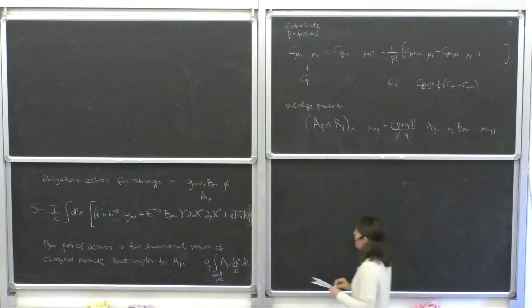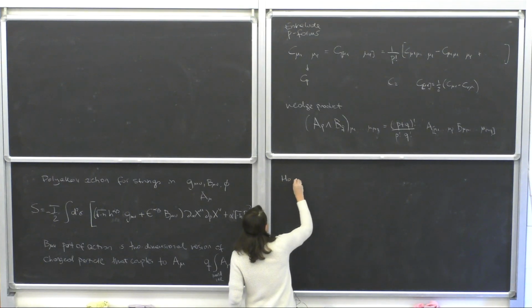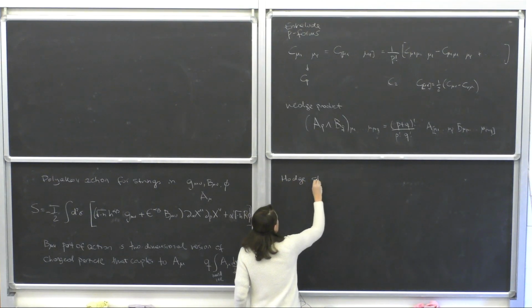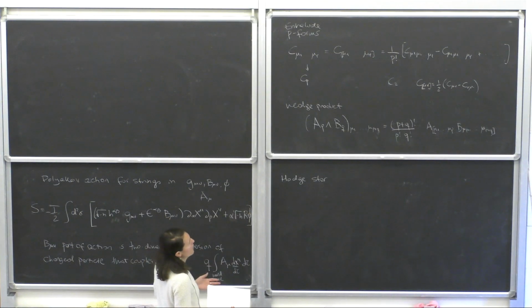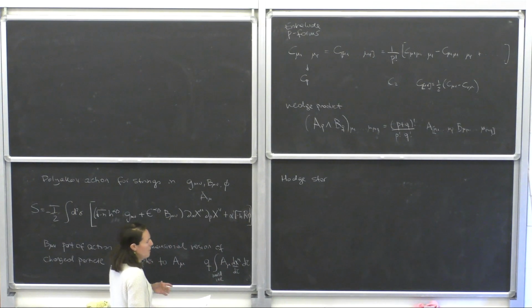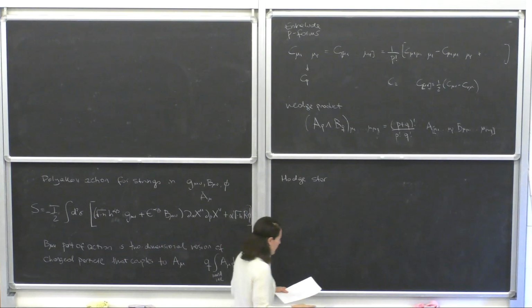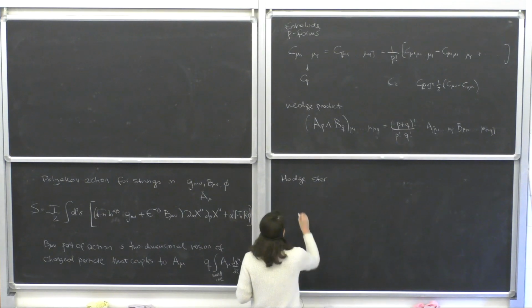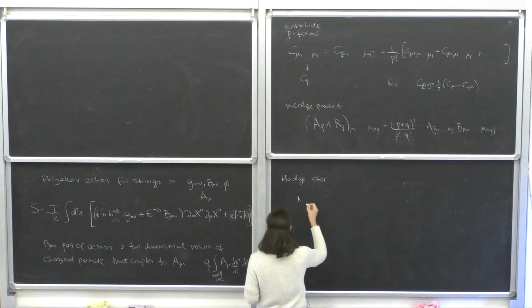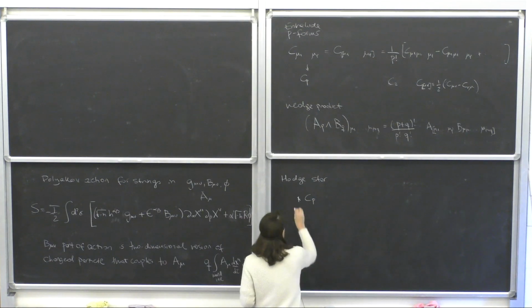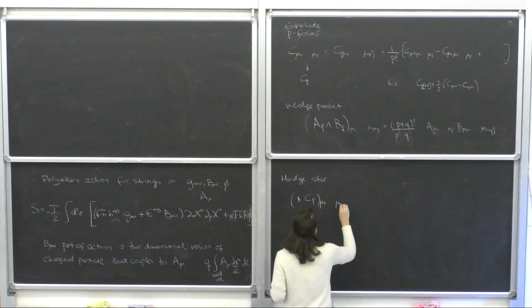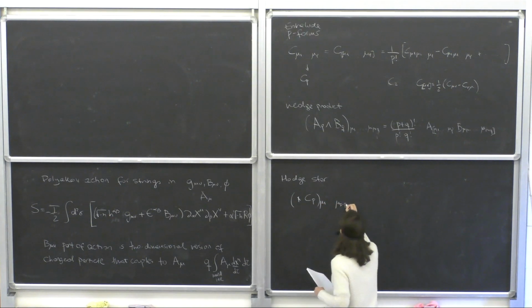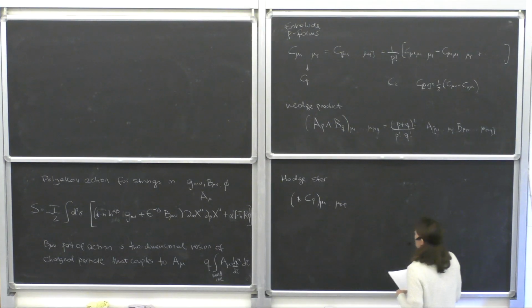Another thing that we'll need later is the Hodge star, that from a p form gives us a d minus p form if you are in a space of d dimensions. It's defined the Hodge star of C p is a form that has mu1 to mu d minus p indices. So it's a d minus p form.